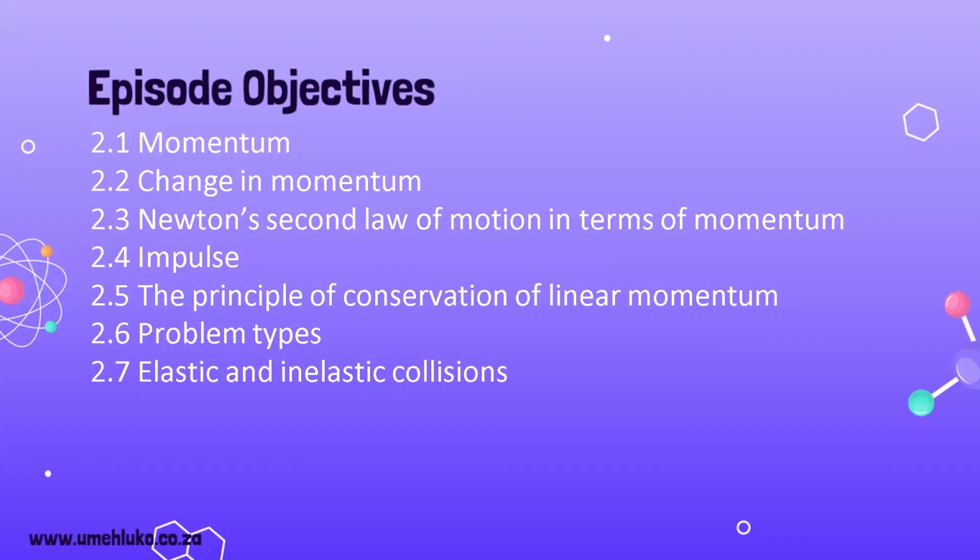Remember, according to the laws of conservation, energy or momentum cannot be lost. Part of the velocity would have been adopted by the other body that was there before the collision. So we're going to look at different types of problems.